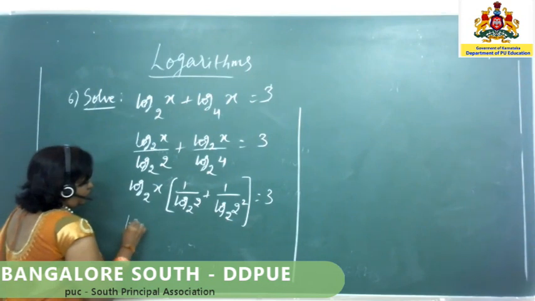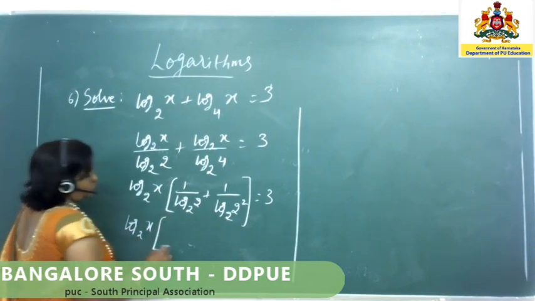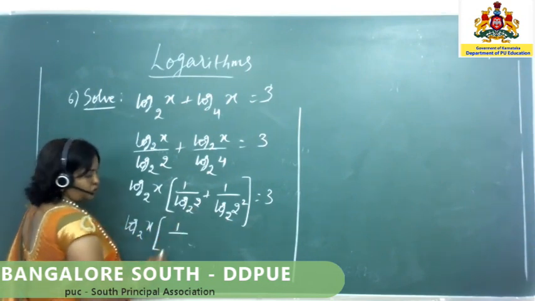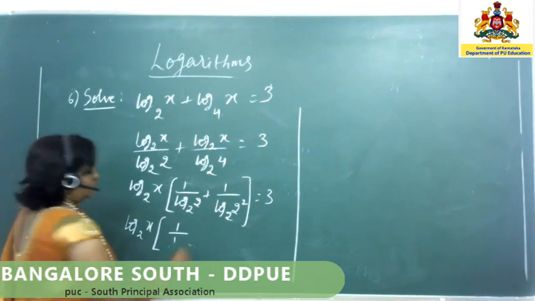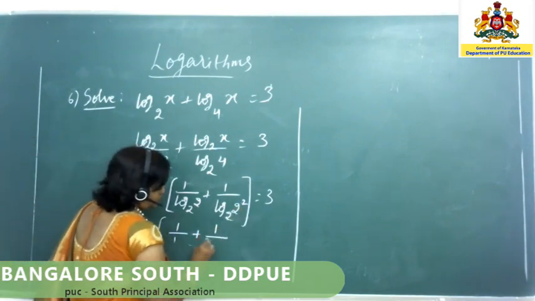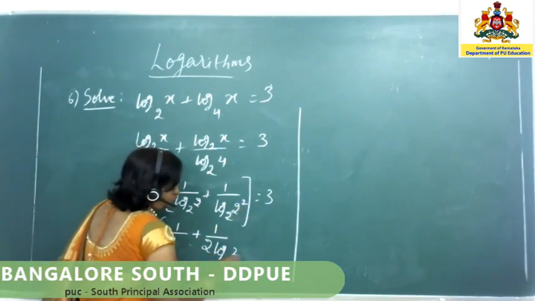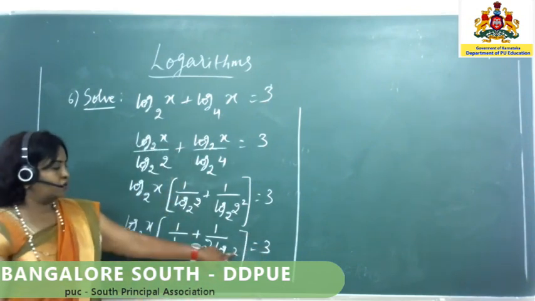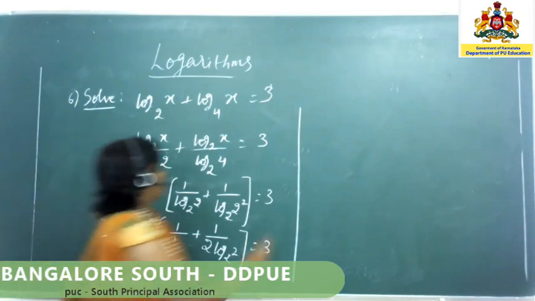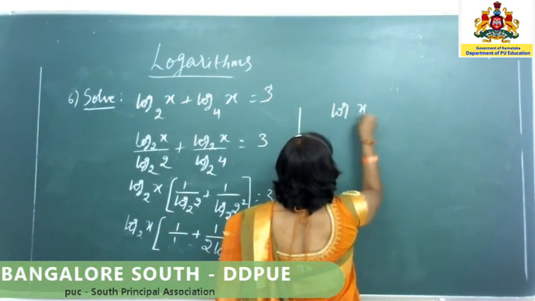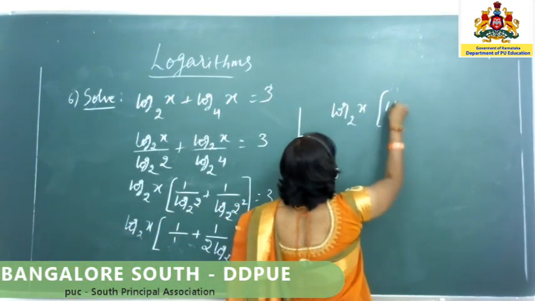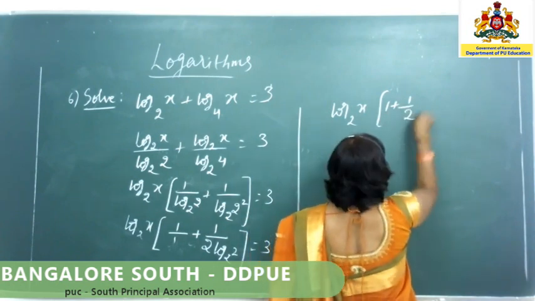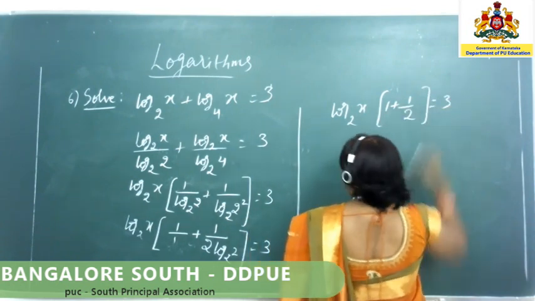So log x to base 2 into 1 by log 2 to base 2 is 1. So plus 1 by this is 2 log 2 to base 2 is equal to 3. So again log 2 to base 2 can be written as 1. So log x to base 2 into 1 plus 1 by 2 is equal to 3.